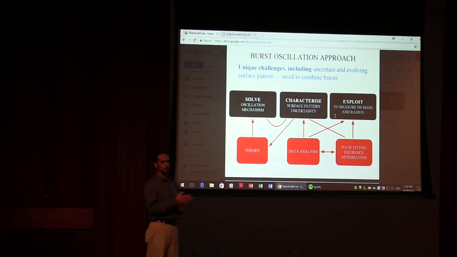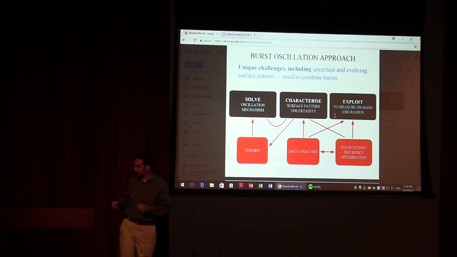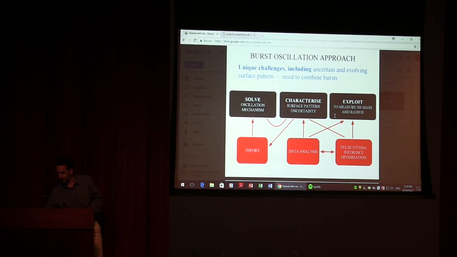But instead, we see over tens of seconds or longer the temperature anisotropy that is causing the burst oscillation, the X-ray flux modulation with approximately the spin of the star, last longer than we expect. And so there are theoretical uncertainties about why this happens.